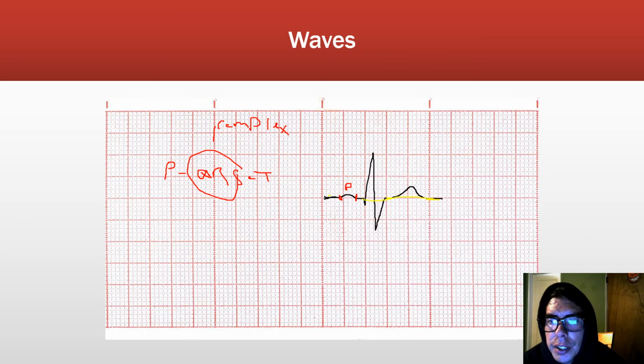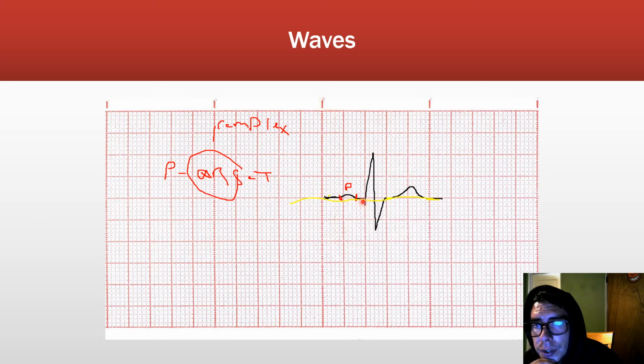This is our baseline, which is where things are at when there's no electrical activity. So it's also referred to as the isoelectric line. So when the wave first comes above baseline and goes upwards like that, that's where the P wave starts. When it comes back to baseline, that's where it stops.